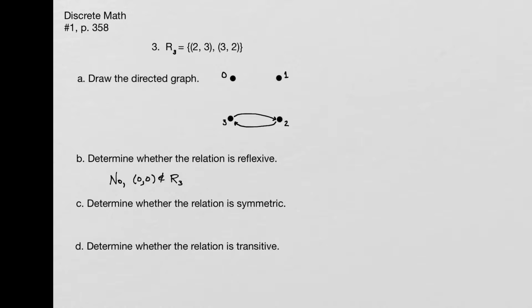All right, determine whether the relation is symmetric. Now, for it to be symmetric, if we have an ordered pair, such as (3, 2), that means that the reverse of that, switching the 3 and the 2, would also be an element. And we have that. So 3 is paired with 2, and also 2 is paired with 3, and then there's no other elements there.